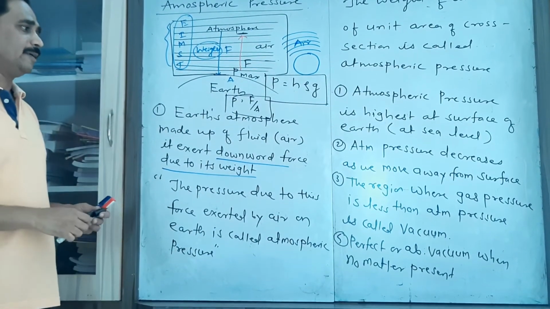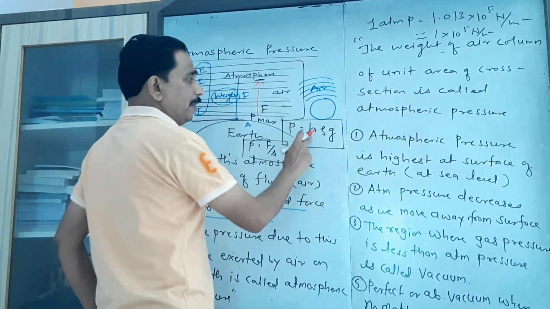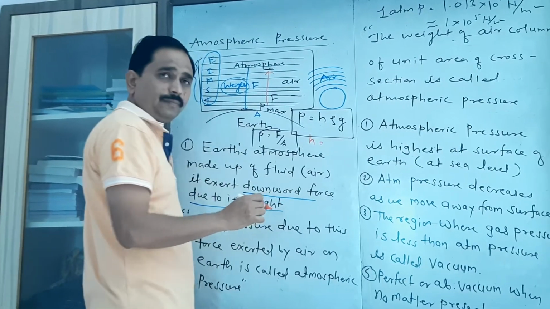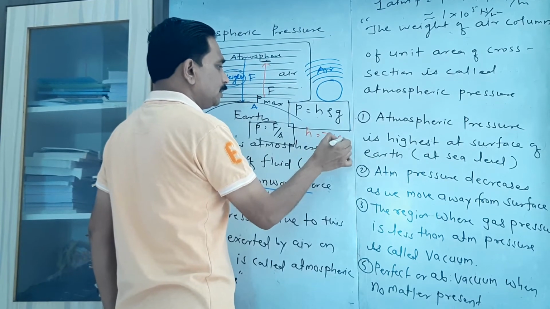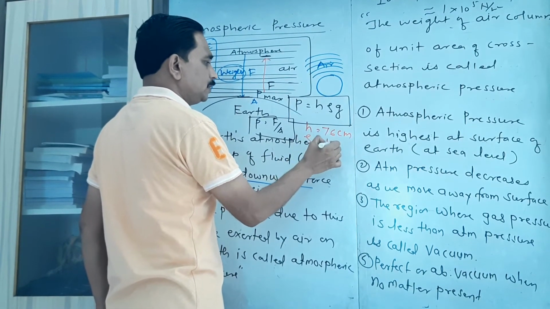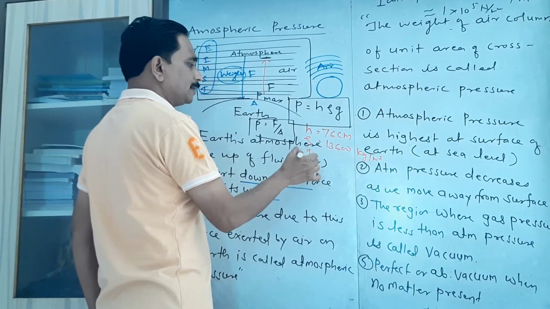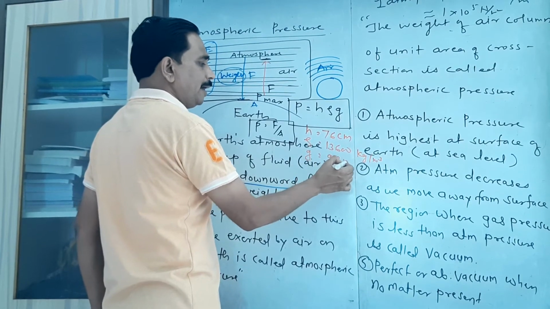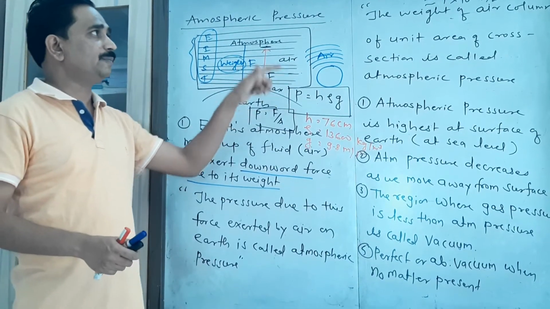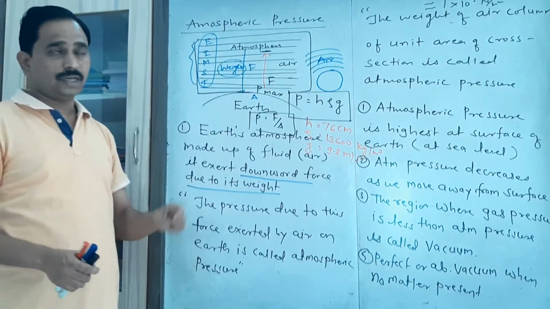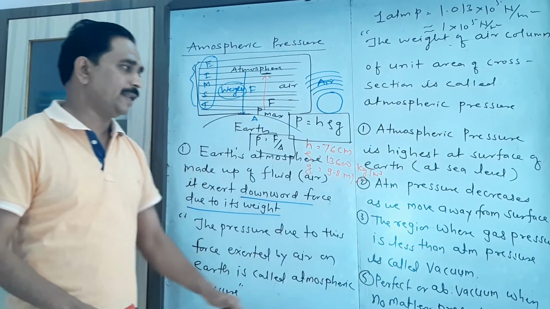That is the value of atmospheric pressure, which is found by considering three values: the height of mercury in the barometer, 76 centimeter; the density of mercury, 13,600 kg per meter cube; and the acceleration due to gravity, 9.8 meter per second square. By putting all these values, we get the atmospheric pressure as 1.013 into 10 to the power 5 Newton per meter square.